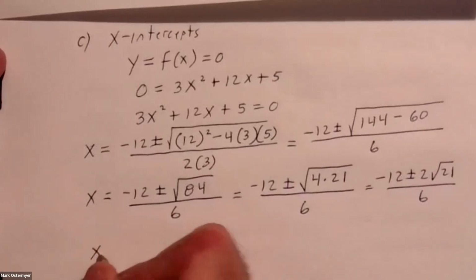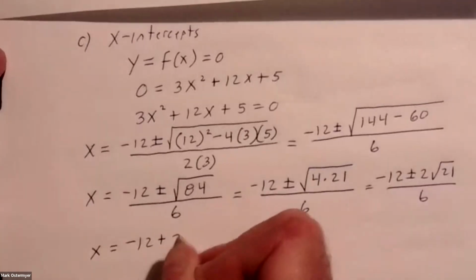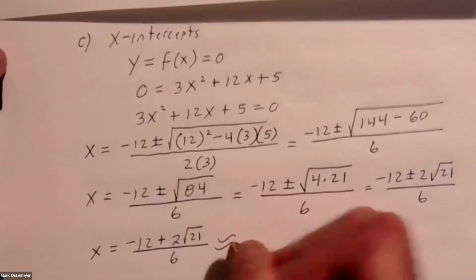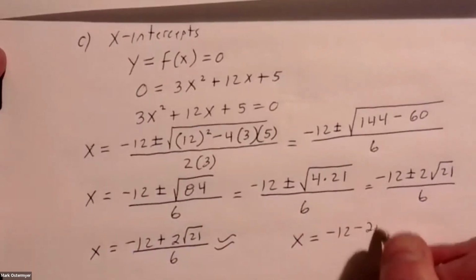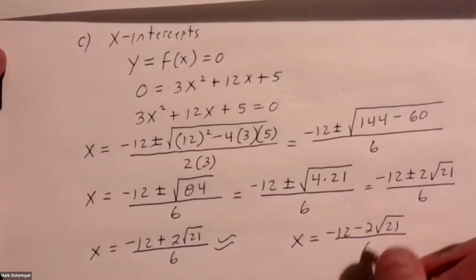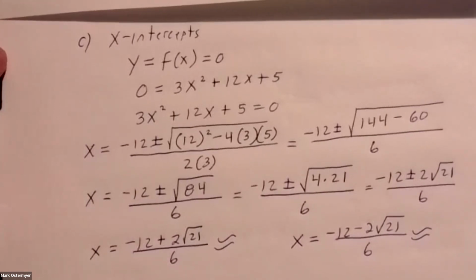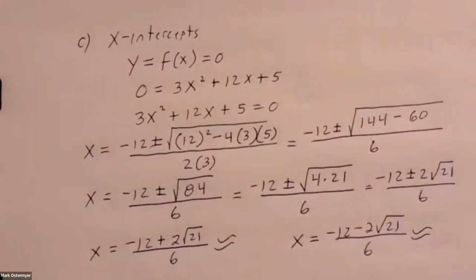So one x-intercept is going to be -12 plus 2 square root of 21, all divided by 6, and another x-intercept is going to be -12 minus 2 square root of 21, all divided by 6. So we have two real irrational solutions to this quadratic equation, and so we're going to have two real irrational x-intercepts.